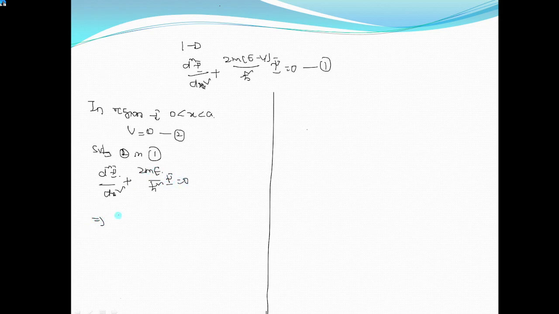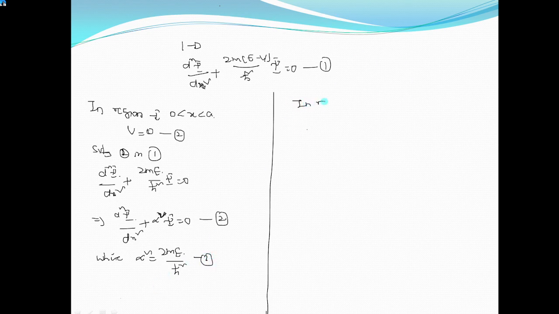So this equation I can write as d square psi by dx square plus alpha square psi is equal to 0, where I have considered alpha square as 2mE by h cross square. This is equation number 3.